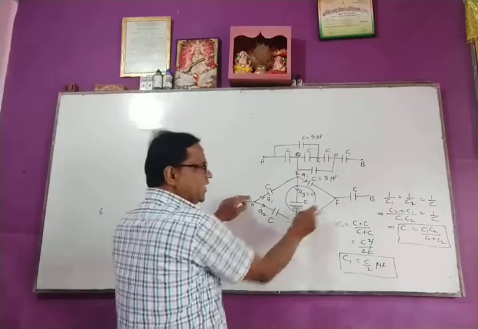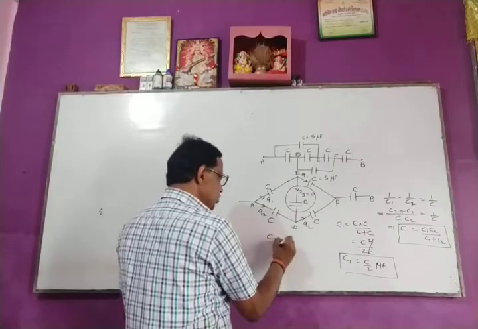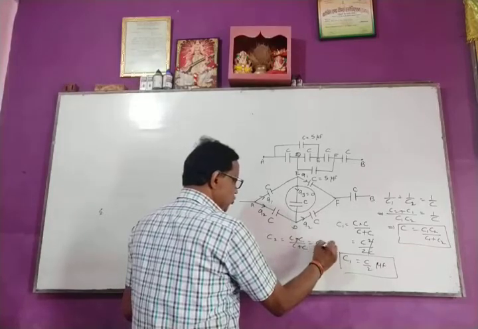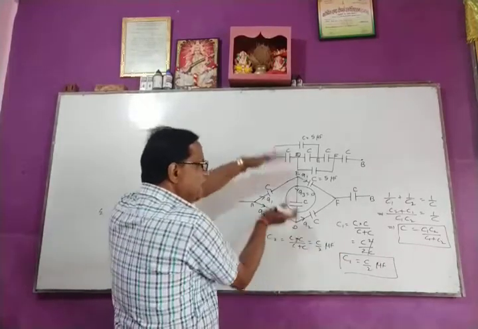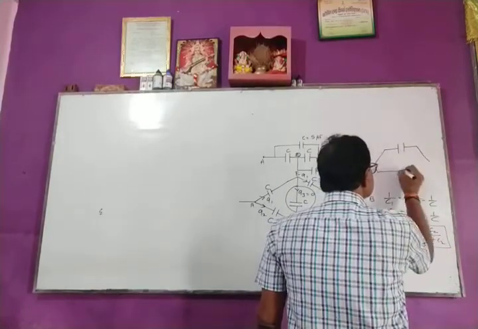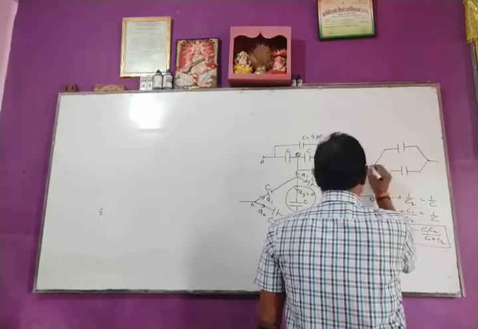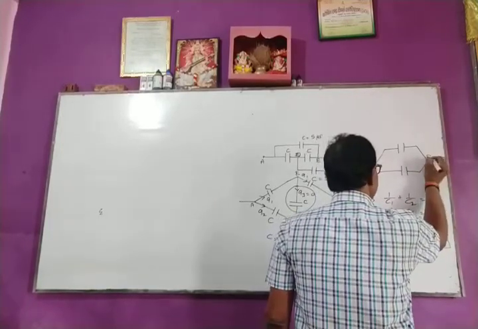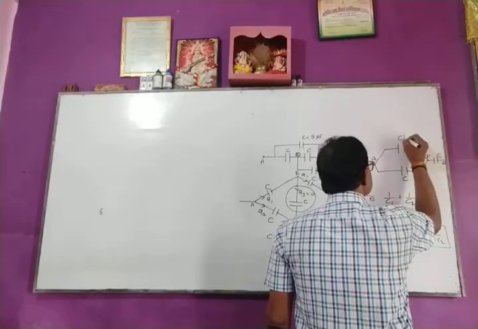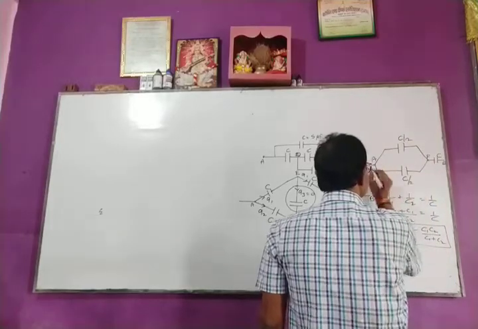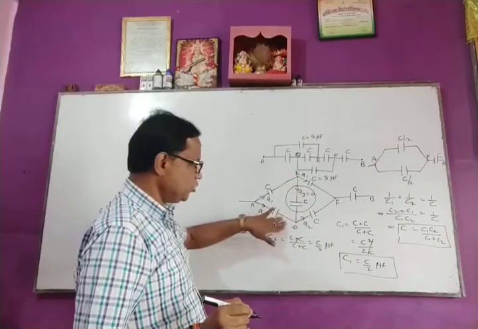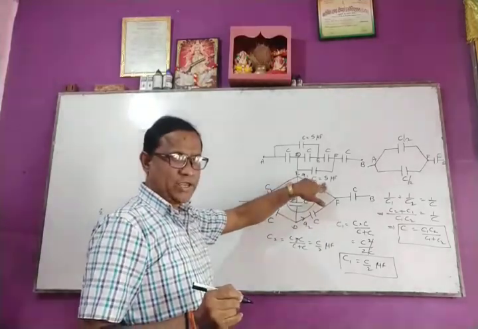Another across AD and DF, also C2 is equal to C into C by C plus C is equal to C by 2 microfarad. Both are in parallel, between A and F, so C by 2 and C by 2, means 5 by 2, 5 by 2 microfarad.